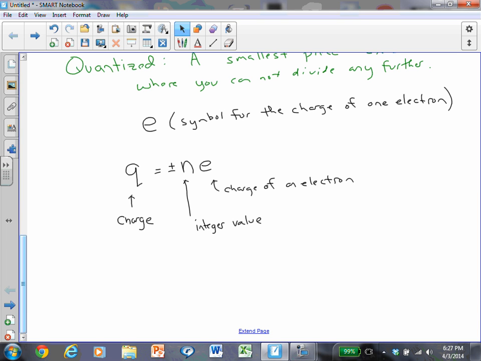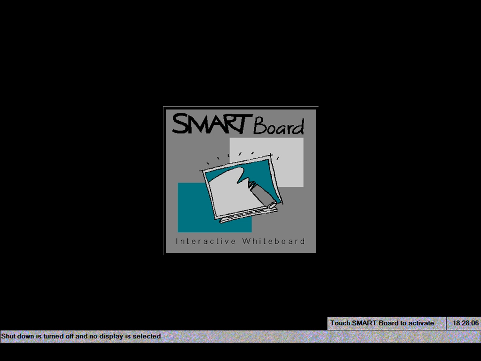It does not give you half a soda, okay? Because the smallest fundamental unit of soda is one soda. You can have 2 sodas or 3 sodas or 4 sodas, but you can't buy 4.5 sodas from the machine, okay? So it's quantized. It's integer values of that.